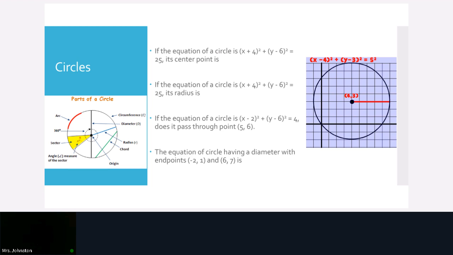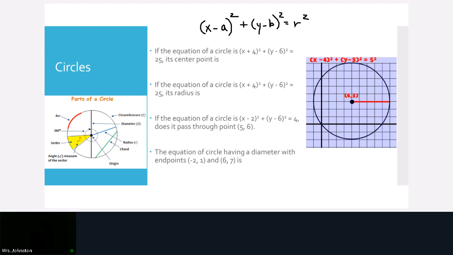There's a special formula, however, for circles, and it is like this. x minus a, which is the x coordinate of the center of the circle, squared, plus y minus b, which is the y coordinate of the center of the circle, squared, equals radius squared. So if you know the center of the circle and the radius, you can write the equation of the circle.